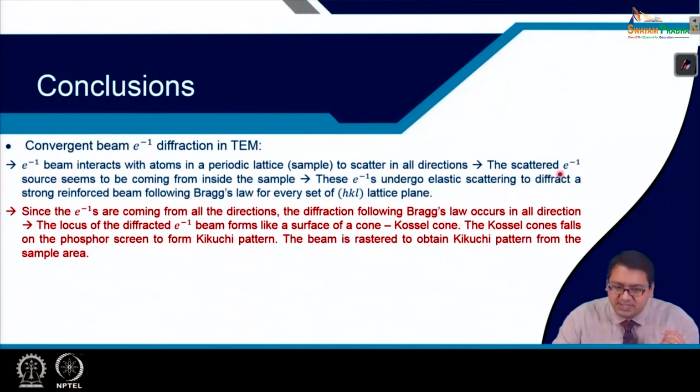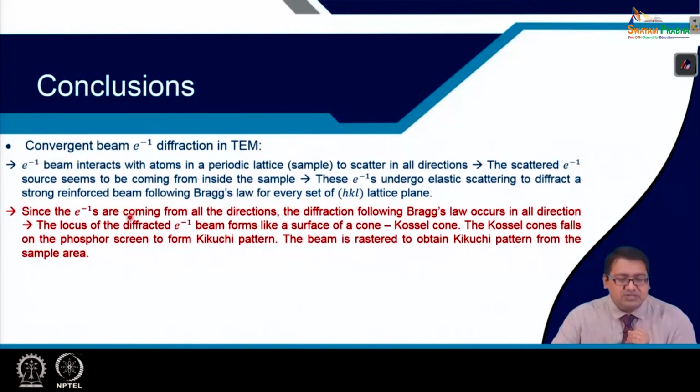So, the scattered electron source seems to be coming from inside the sample, right, and these electrons undergo elastic scattering, and this elastic scattering will be reinforced scattering. That means it will follow Bragg's law and it will diffract because of the periodic arrangement of the atoms, and this strong reinforced scattering will occur for every set of HKL planes, right.